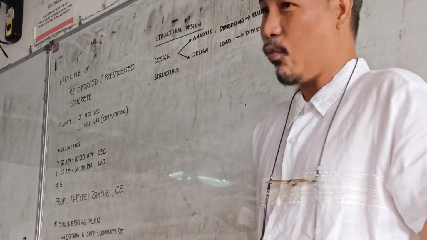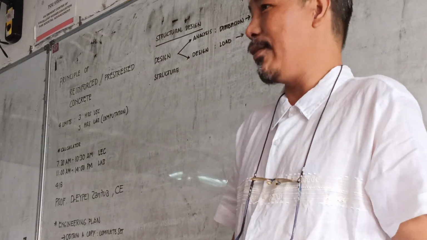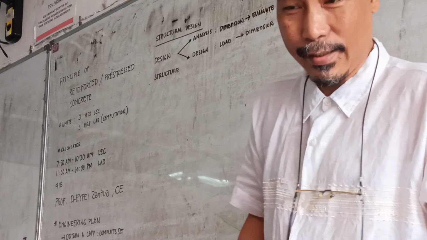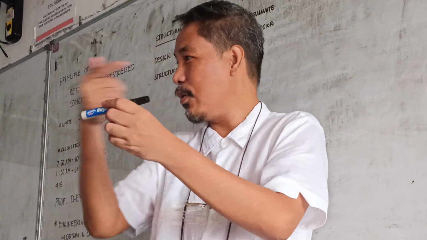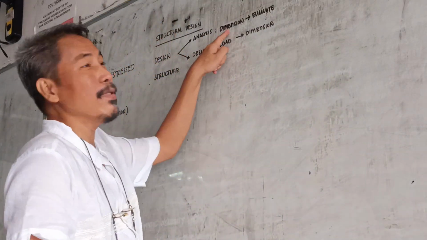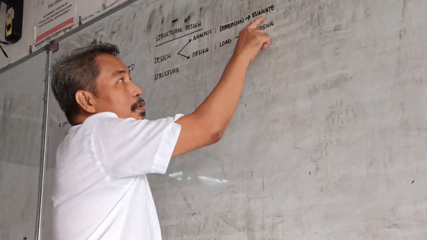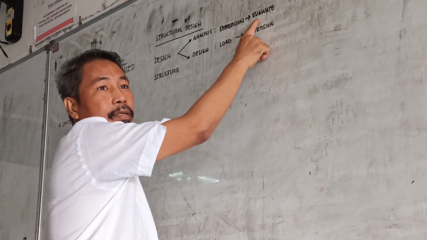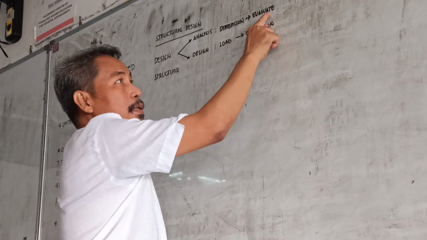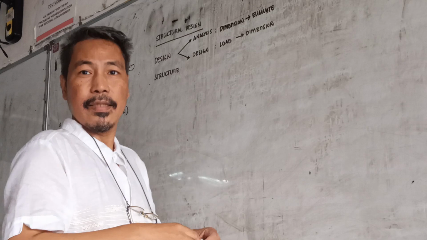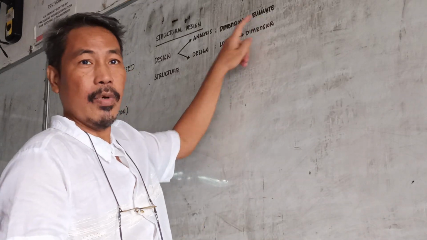Are we clear? Are we clear between these two when we say analysis and design? Therefore, analysis and design have opposite meanings. One is going here and the other is going here. No? So in analysis, we are already given the dimension. We are just going to evaluate if 3 kilos can be used in that structure. In design, we are given 3 kilos, we would like to find the dimension.